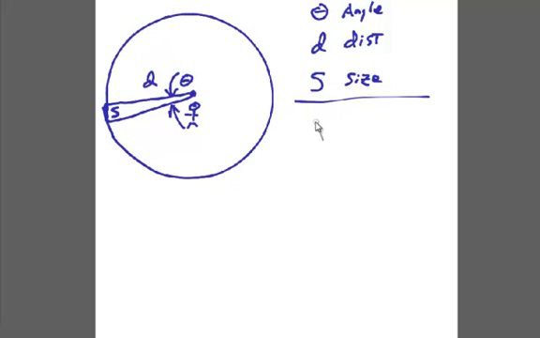Imagine the following. I look at this situation, and I can see that there must be a very simple relationship between the fraction that this angle is and the fraction that this distance is, s. And that relationship will be the following. Whatever theta is, theta divided by 360 degrees, that ratio, maybe theta is 1 degree, 1 over 360.